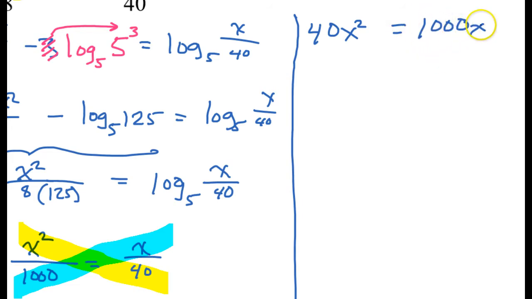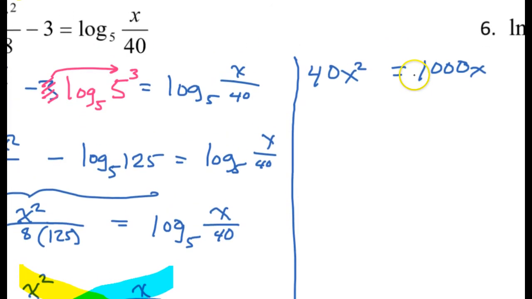Now, you're going to be tempted to divide both sides by x. Don't do it, because x might be 0, and you have to be careful not to divide by 0. So instead, what you should do is subtract 1,000x from both sides.